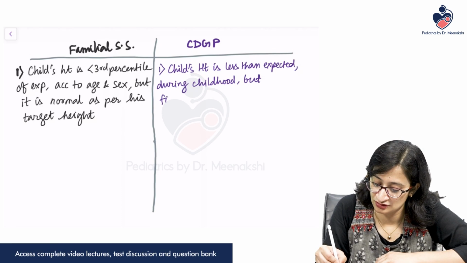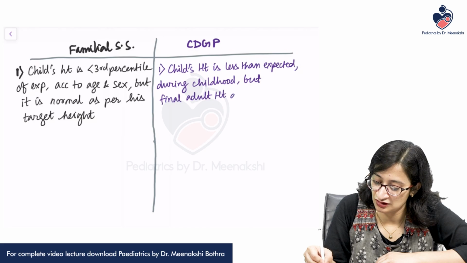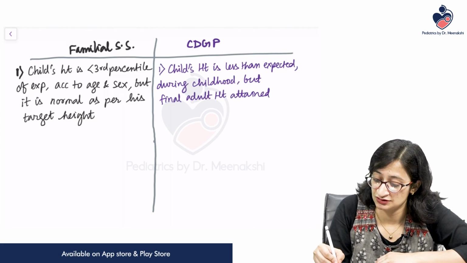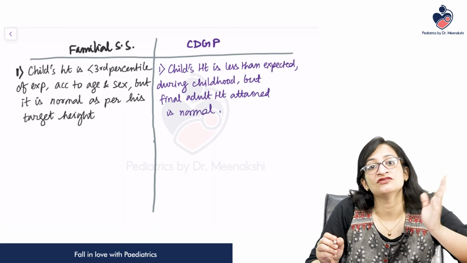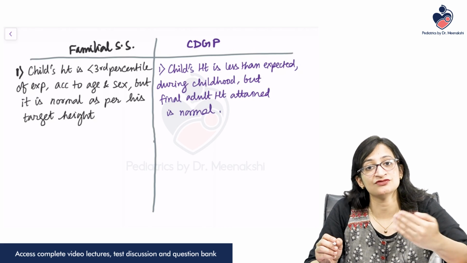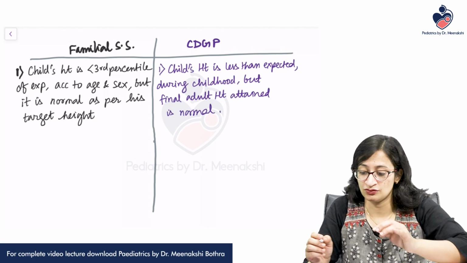Okay. Final adult height attained is normal. So the child will catch up that height during puberty. At different points during childhood, his height is less than what is expected for that age. But the final adult height attained is normal. Okay.